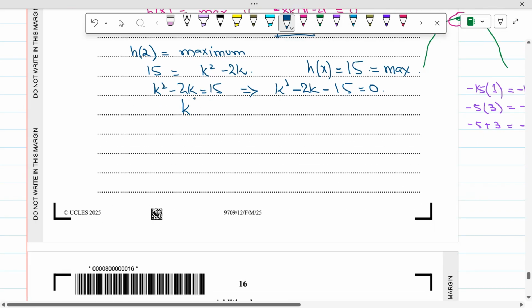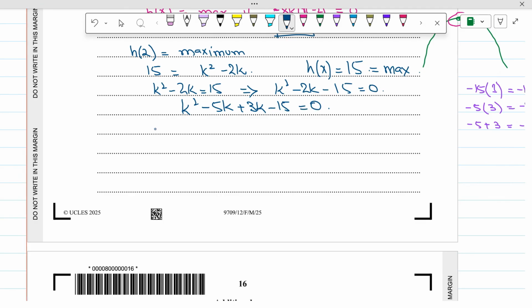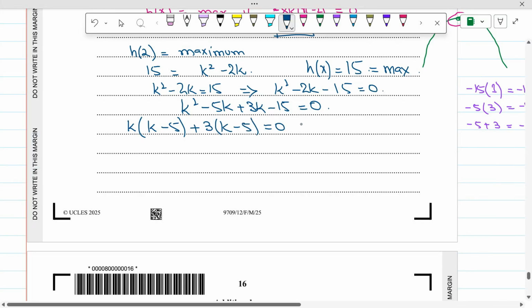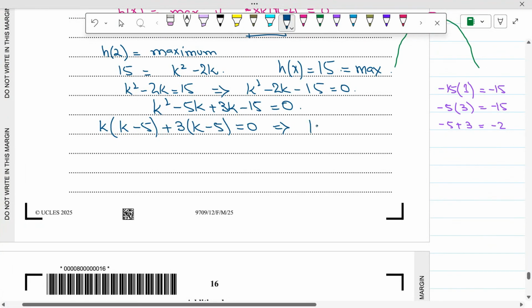So k square minus 5k plus 3k minus 15 equal to 0. Taking k common, we have k minus 5. Taking 3 common, we have k minus 5. So we have two factors, which is (k plus 3) times (k minus 5) equal to 0.